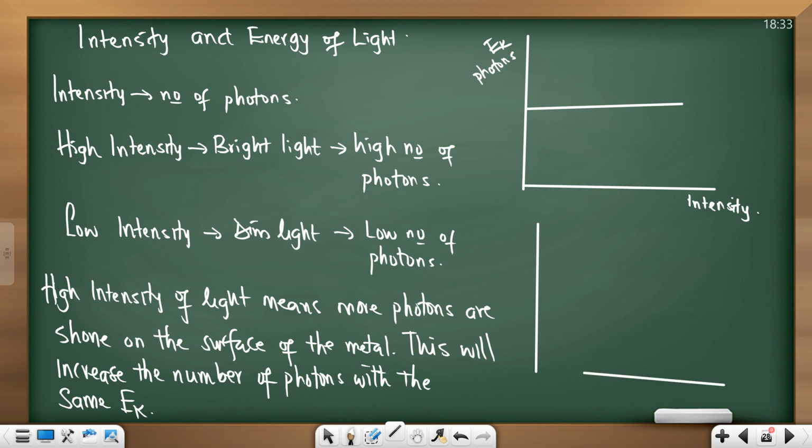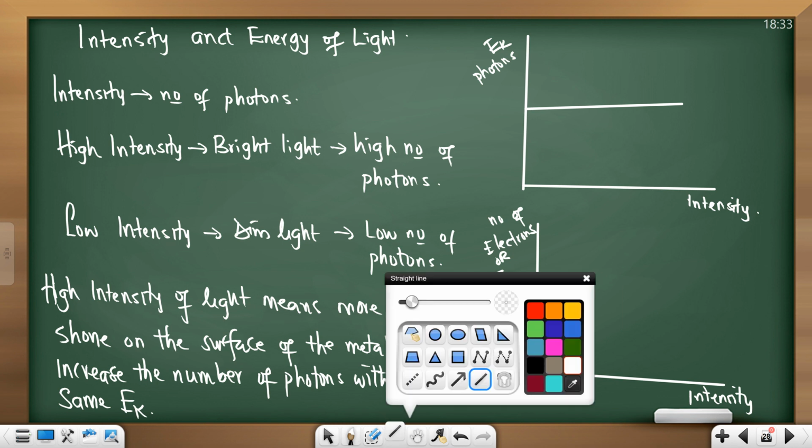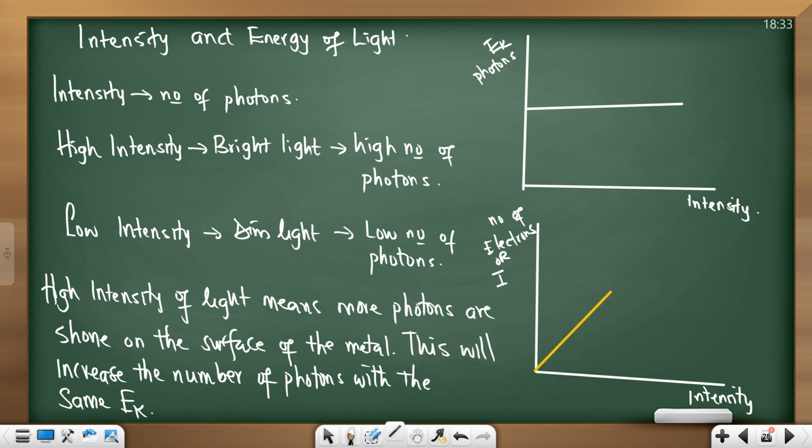However, if I have intensity and I have number of electrons, or current reading, ammeter reading. Since we are producing current, if we increase this, I need to go to the next page to explain. I'm going to go to the next page to explain that.